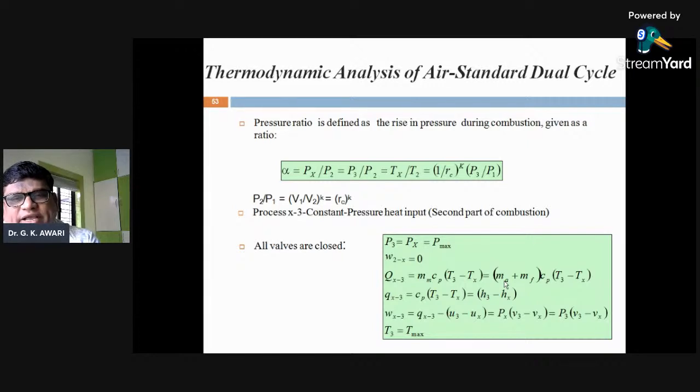So Qx3 is equal to Cp (T3 minus Tx), which is equal to H3 minus Hx. So Wx3 is equal to Qx3 minus Q3 minus Qx, which is equal to Px (V3 minus Vx), which is equal to P3 (V3 minus Vx). So T3 is equal to Tmax.